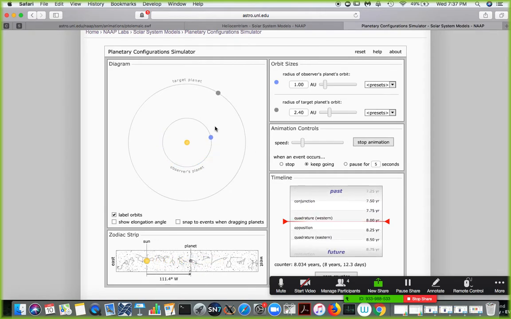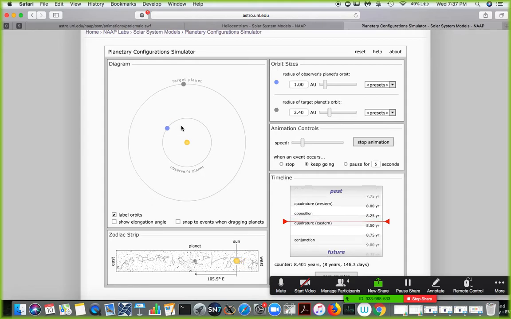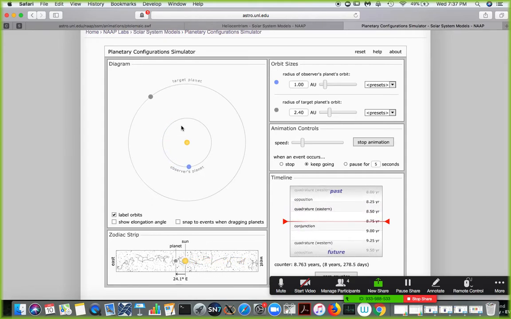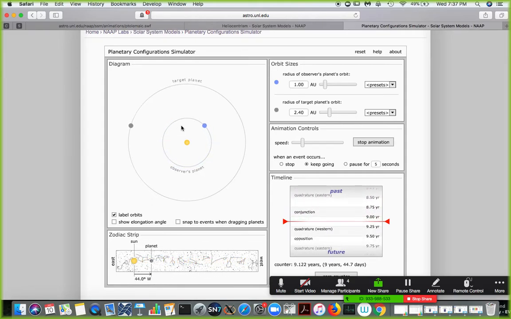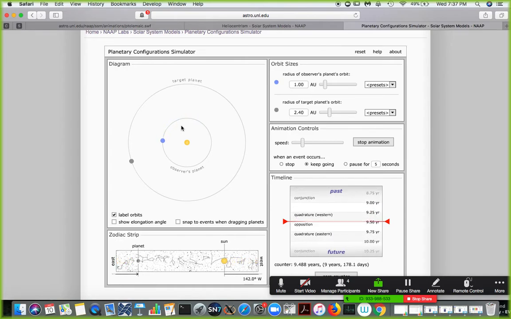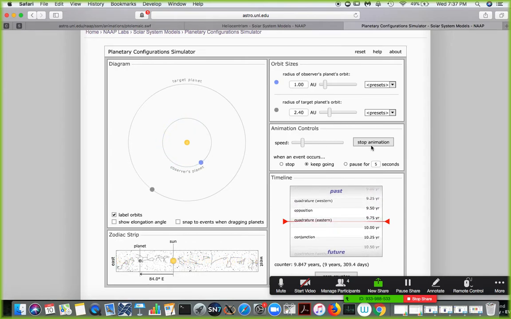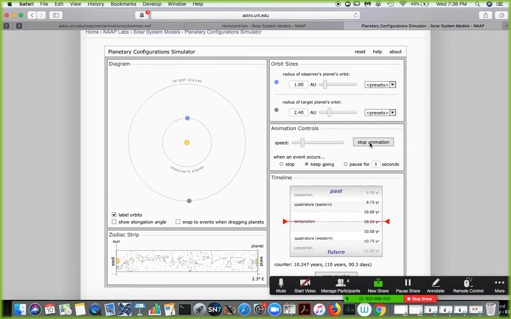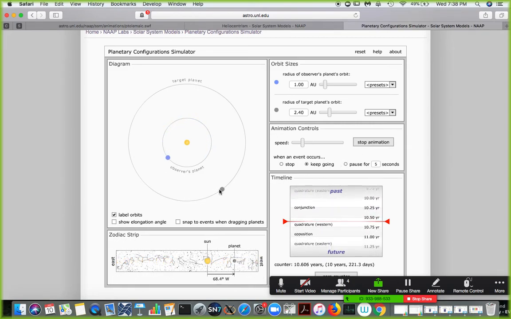So can we explain, in this simulation, why the planet becomes brighter in retrogradation? Oh yes, look at right here. This is when Mars retrogrades, but that's when Mars is closer to Earth. See that? And therefore it is brighter because it's closer to Earth.